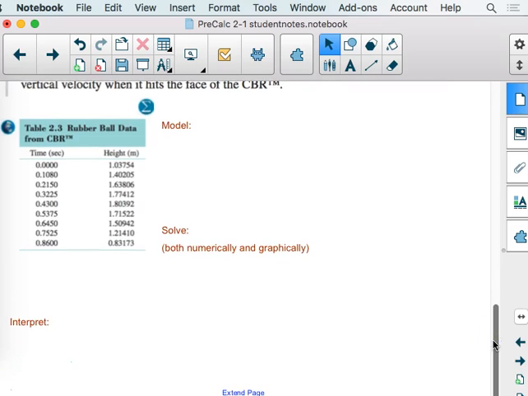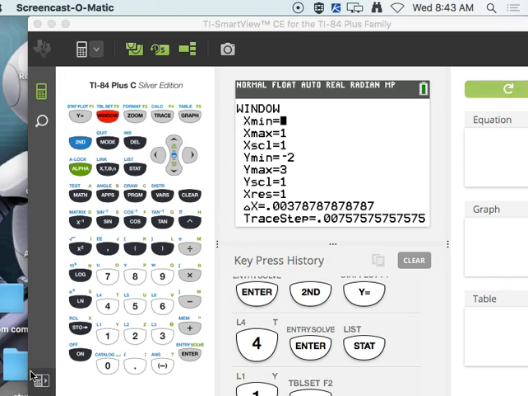So the first thing we would do, we've got rubber ball data. Where do you suppose that needs to go? Into the calculator, exactly. So I'm going to shut this down for a second so that you can get that data in. In the window, we want to make sure we have numbers that are going to allow us to see this data. Our x values in list 1 were from 0 to 0.86, so I just went from 0 to 1.